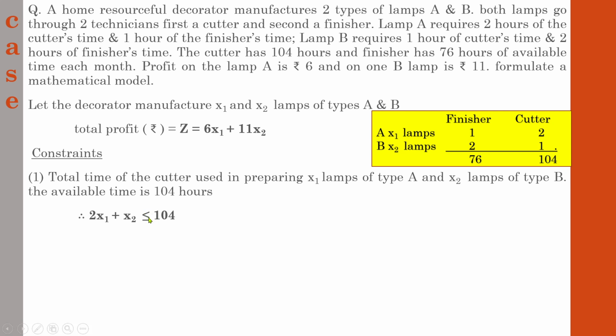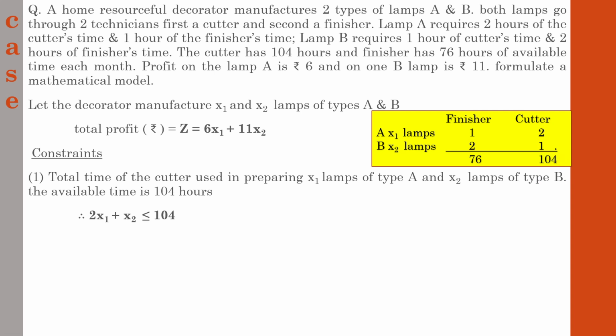The sign here can be less than or equal to. Sometimes in the question we will be using greater than or equal to. That depends upon the details given in the question. In the question, it is mentioned that he is allotted only 104 hours. He has to do his work within that time. No work beyond that time will be permitted.